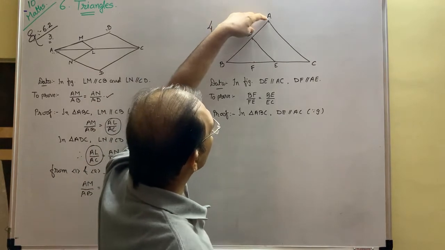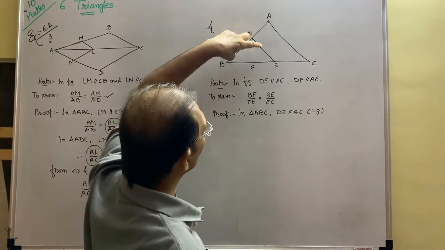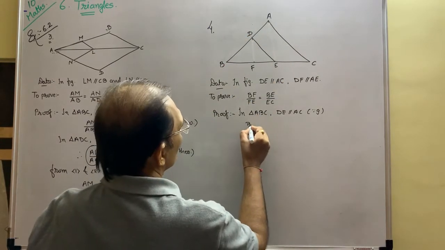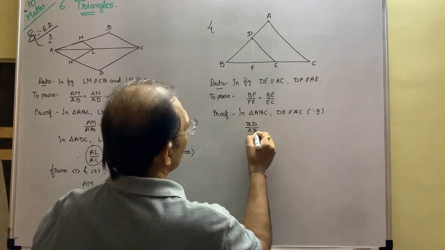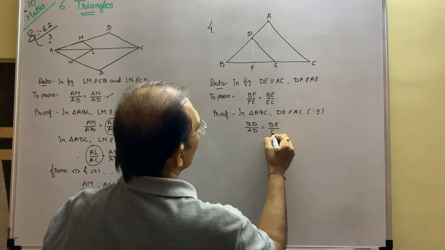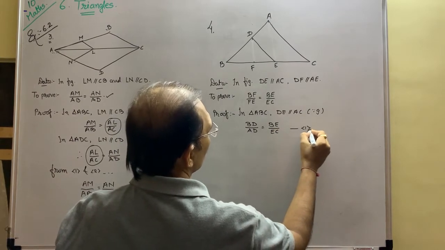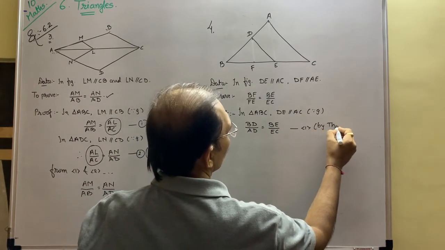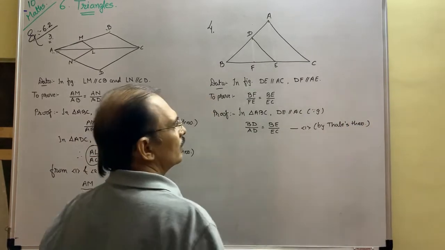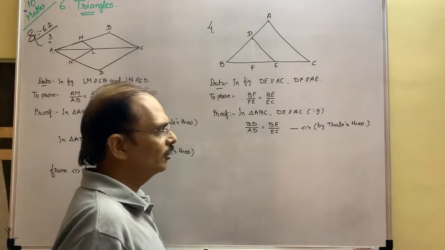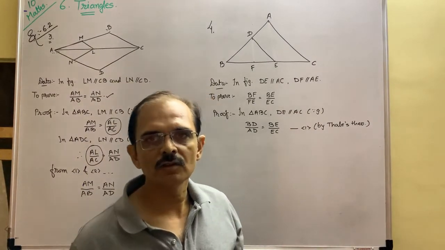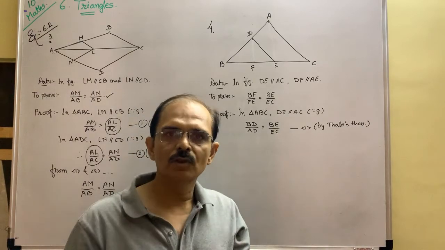BD upon AD is equal to BE upon EC. Result number 1 by Thales theorem. If you forget to write this, or if you forget the name, which theorem is Thales or not, then you can write by theorem only.